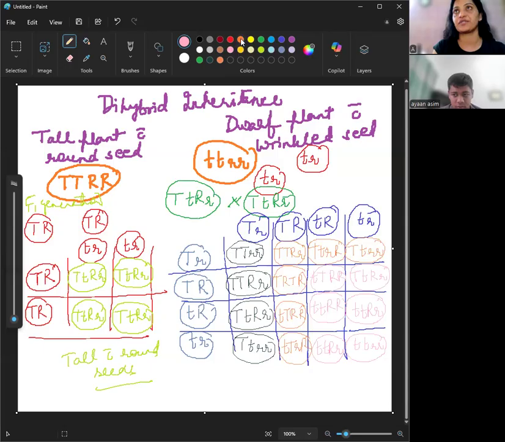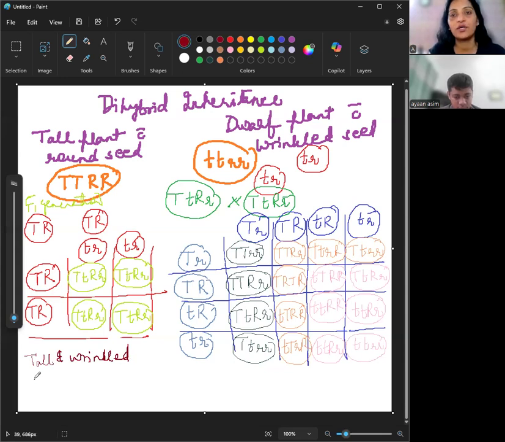Now see the combinations. I'll just rub this off so that I have space to write. I'll have tall and wrinkled, then tall and round, then tall and wrinkled, tall and round.